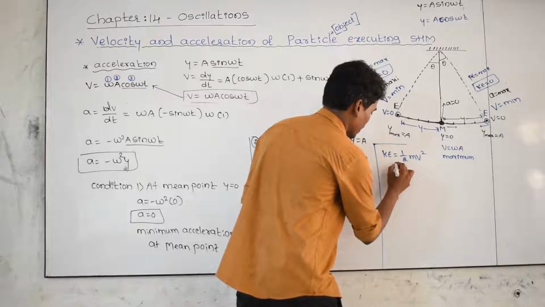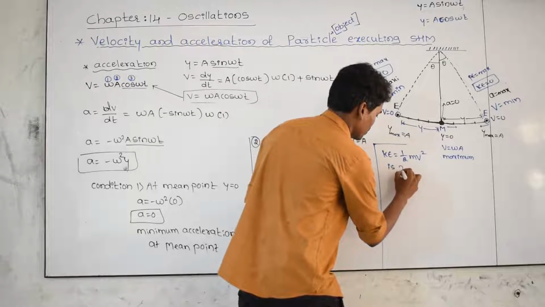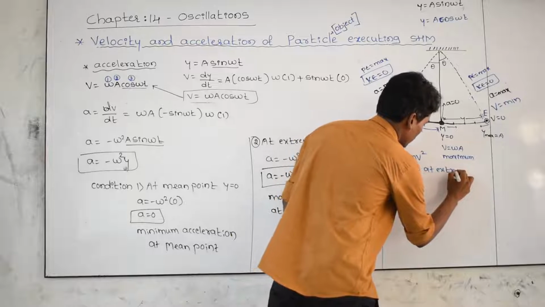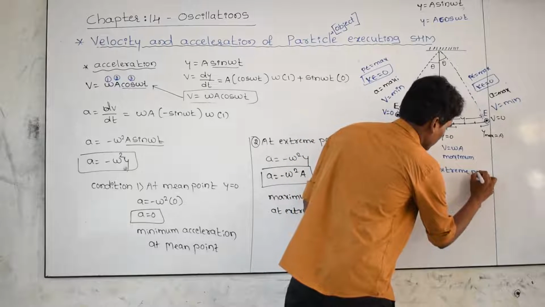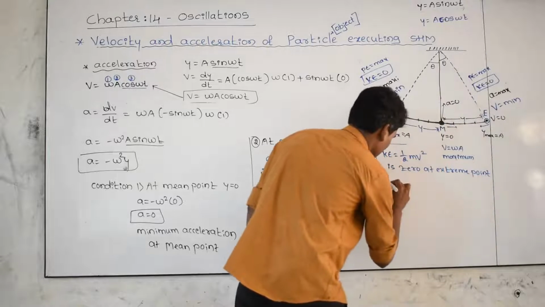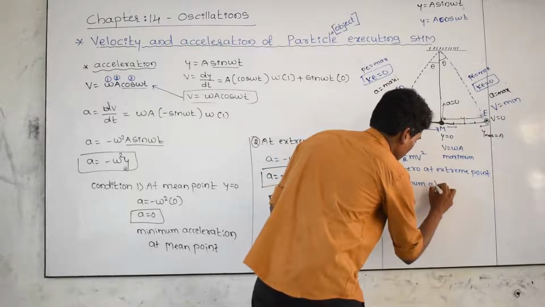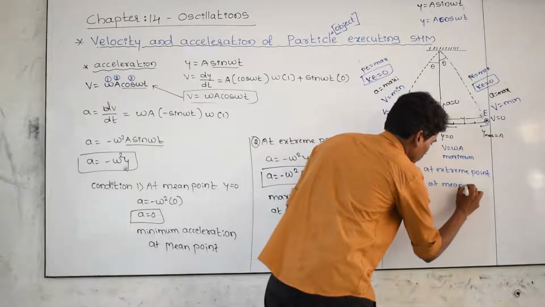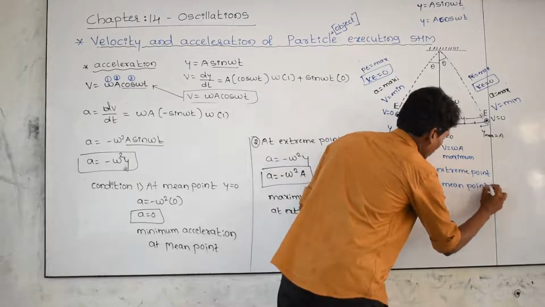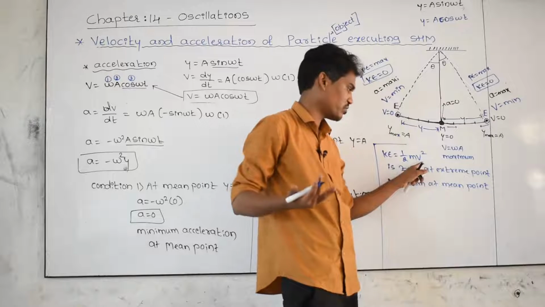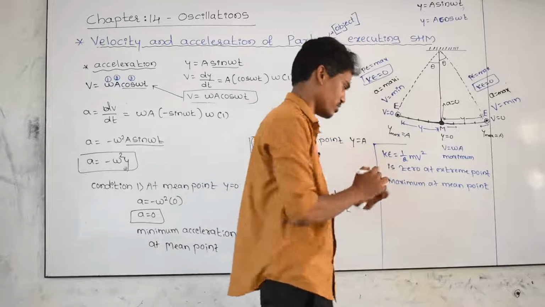Kinetic energy is 0 at the extreme point and maximum at the mean point. At this point velocity is maximum, substitute here, velocity is maximum, that's why kinetic energy is also maximum.